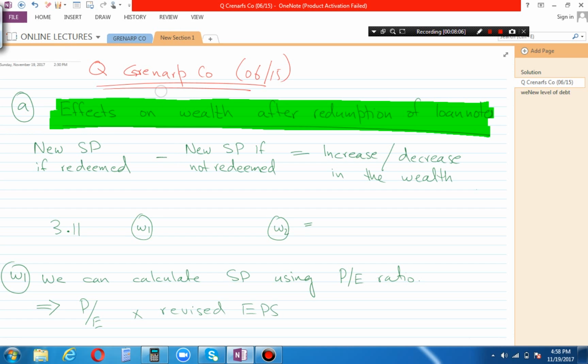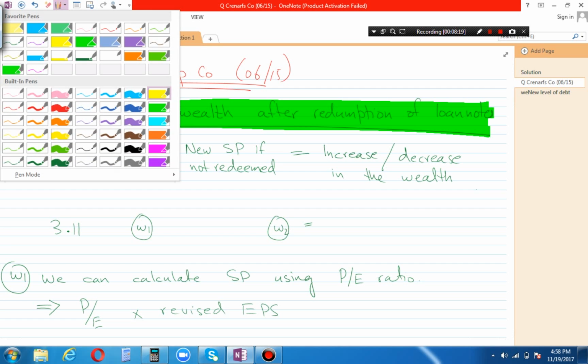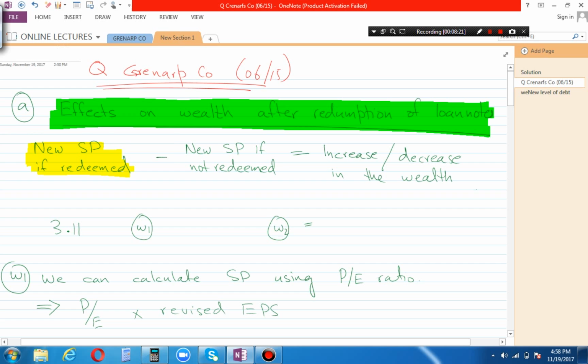Well, how can you find what will be the effect on the wealth of the shareholder? If you can find the new share price if we don't redeem it, and also the new share price if we redeem it, new share price if not redeemed, and new share price if redeemed.